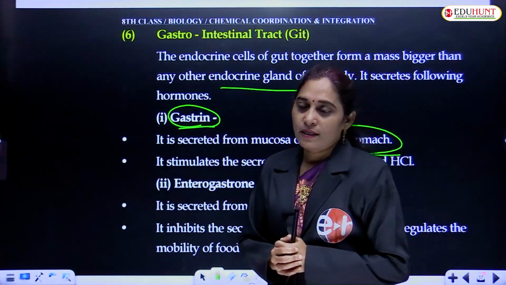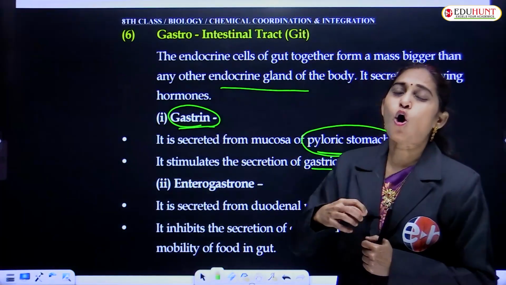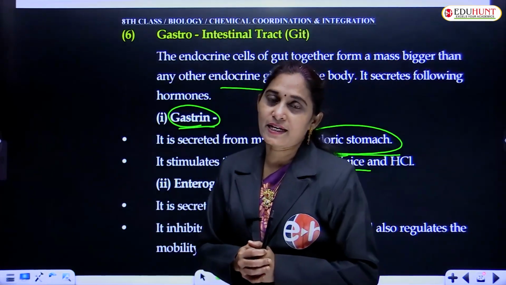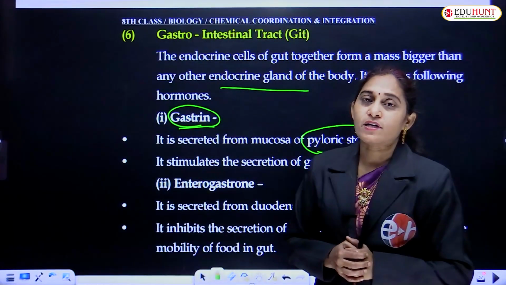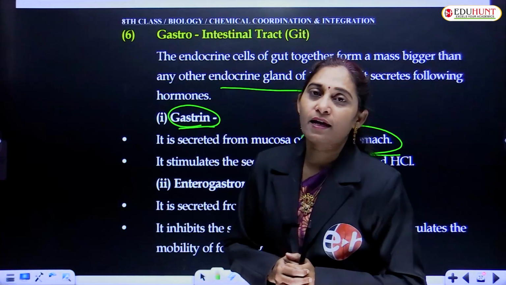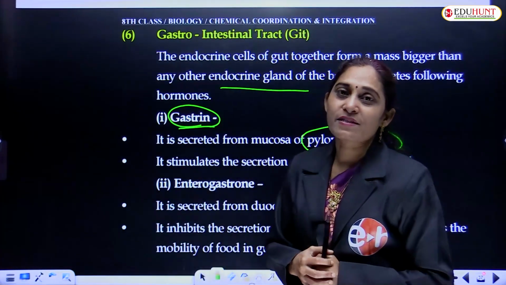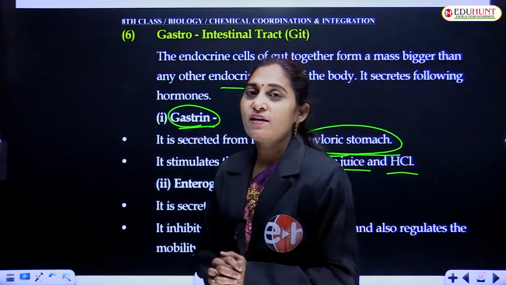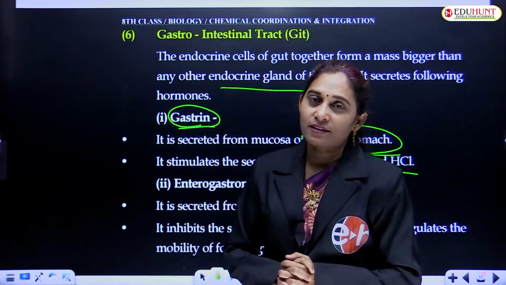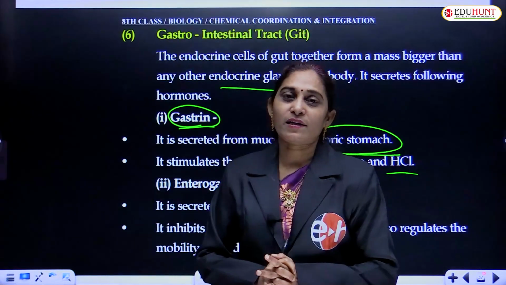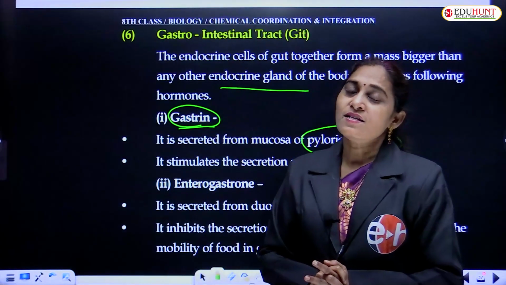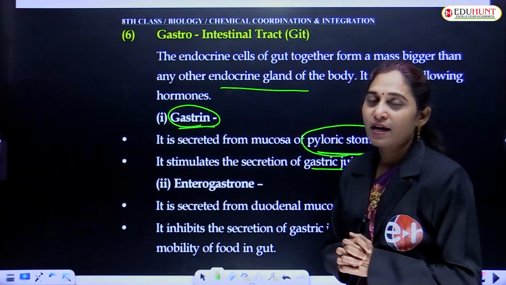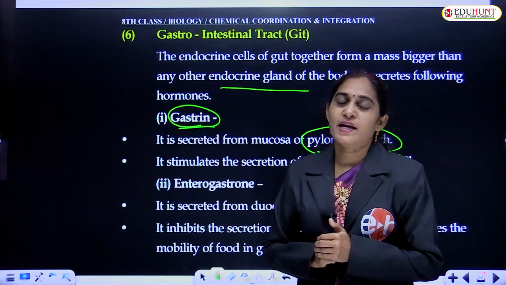And also it activates the proenzymes, the proteolytic enzymes. They are inactive at first, and these get activated in acid medium, that is HCl. In the presence of HCl, some proenzymes get activated, like pepsinogen secreted in the stomach, because HCl decreases the pH of the stomach.